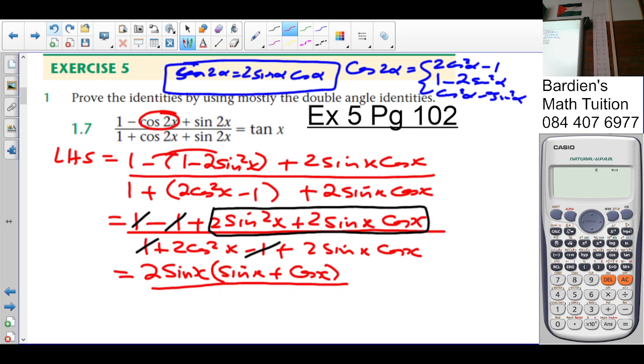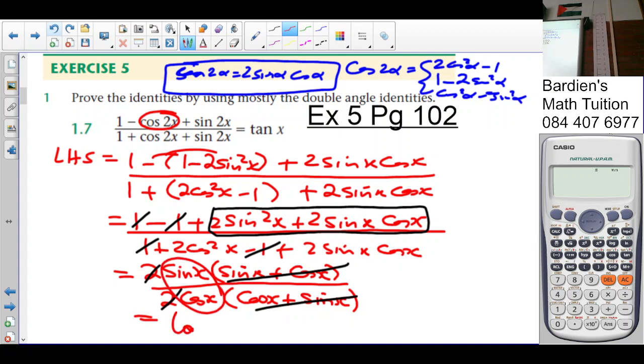We're left with 2 cos squared x plus 2 sine x cos x. So 2 cos x is common. I'm left with cos x plus sine x. So what happens now? 2's cancel. Sine x plus cos x cancels. So we're left with sine over cos, which is tan of x, which is equal to the right hand side. Okay.